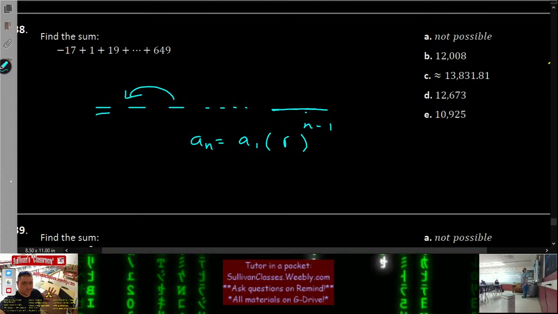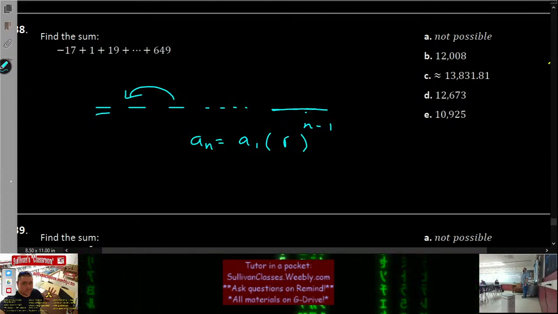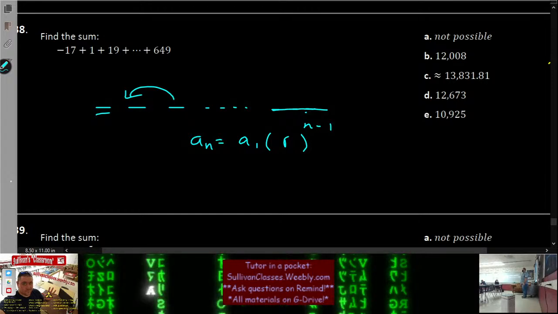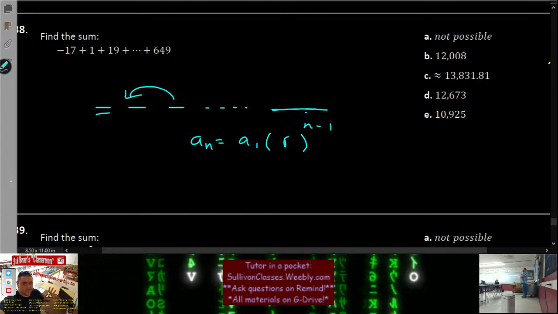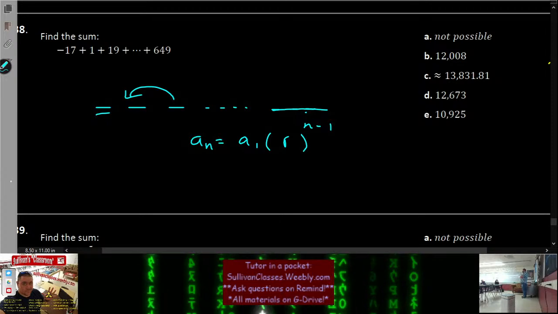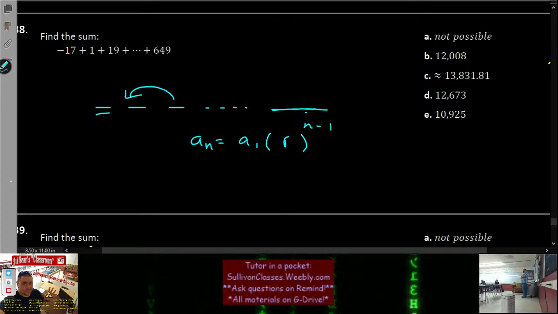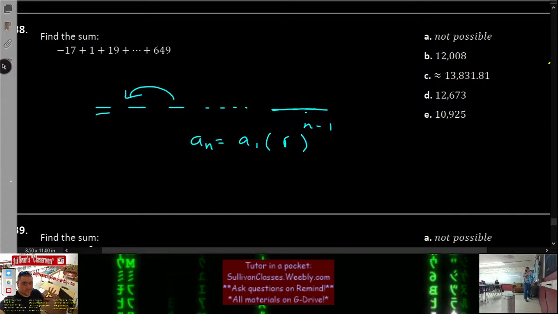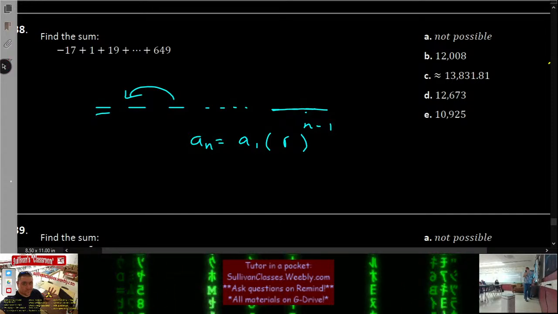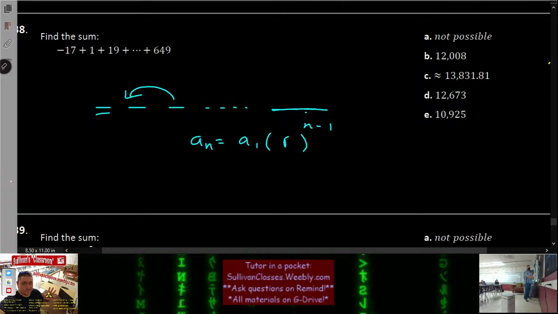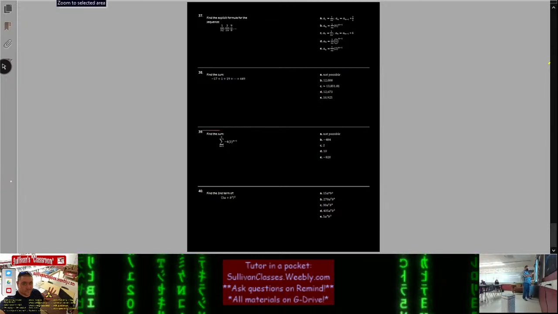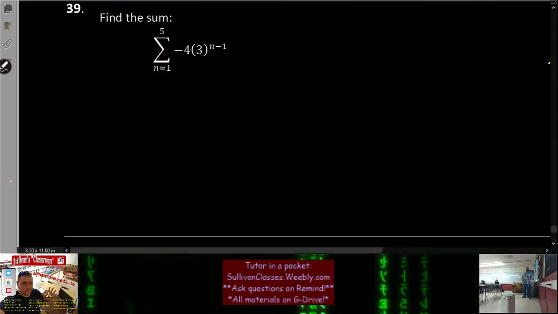How do I get something down out of exponent land? Logarithms. Probably not on the final, because I don't think we explicitly did that in class. But if you don't know n for a geometric series, you can use logarithms to find what n is. We have the tools. Find the sum.